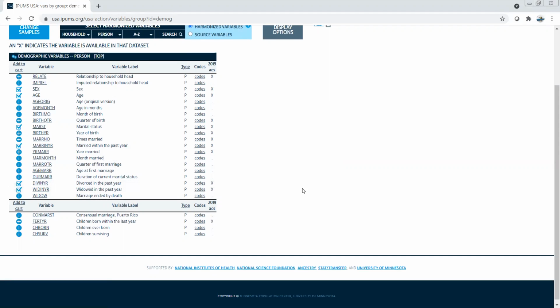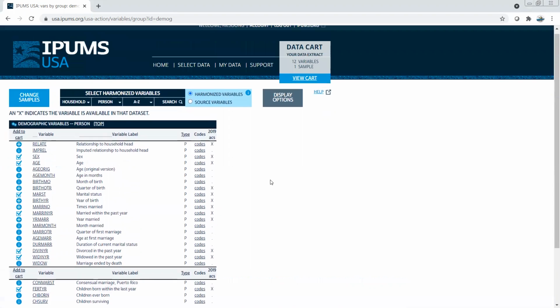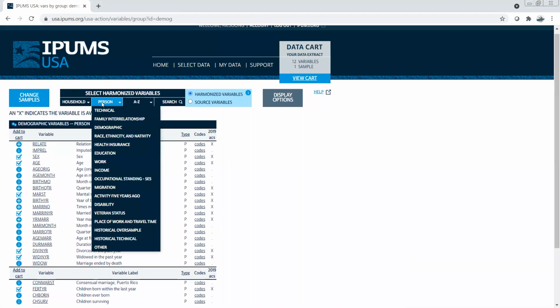So you can look at that trend over time as well. The big one that I often look at is whether a woman delivered a child within the past 12 months. So that's how we look at fertility. So those are demographics.